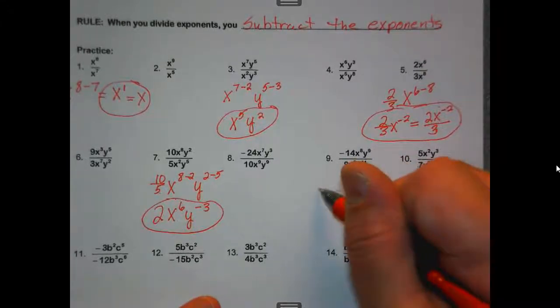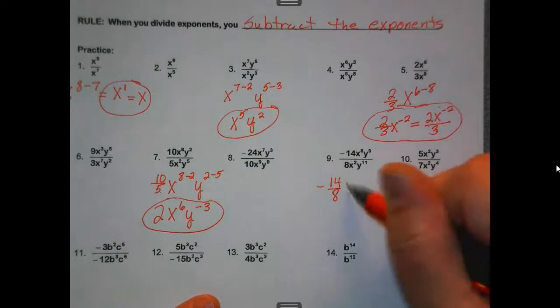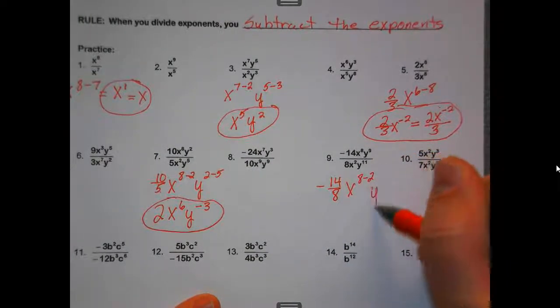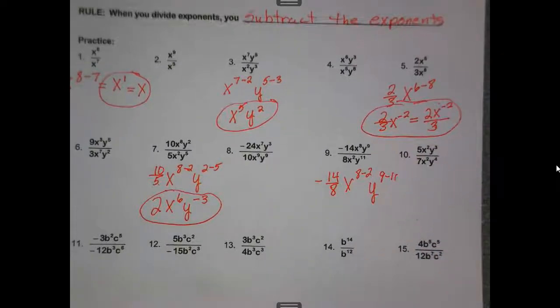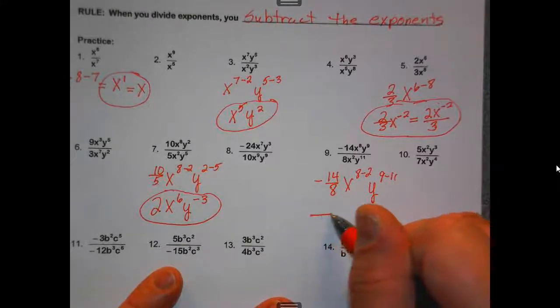Okay, number 9, I have negative 14/8, x to the 8 minus 2, and y to the 9 minus 11. Negative 14/8. Can't divide it out evenly, but we can reduce this. We divide each one by 2.